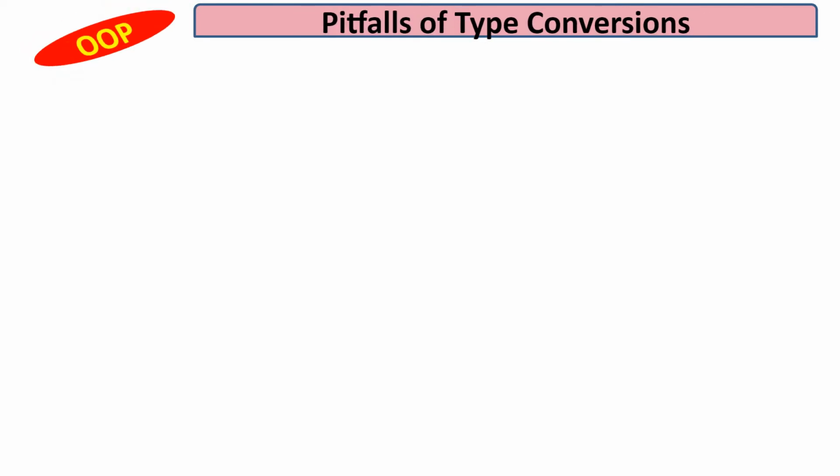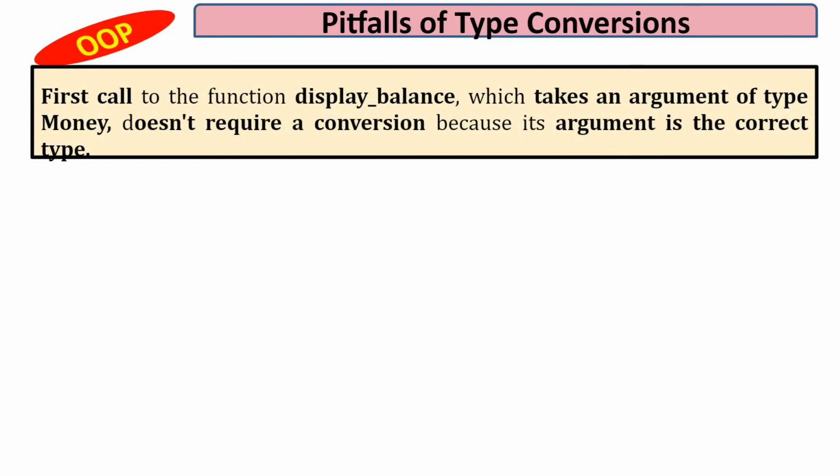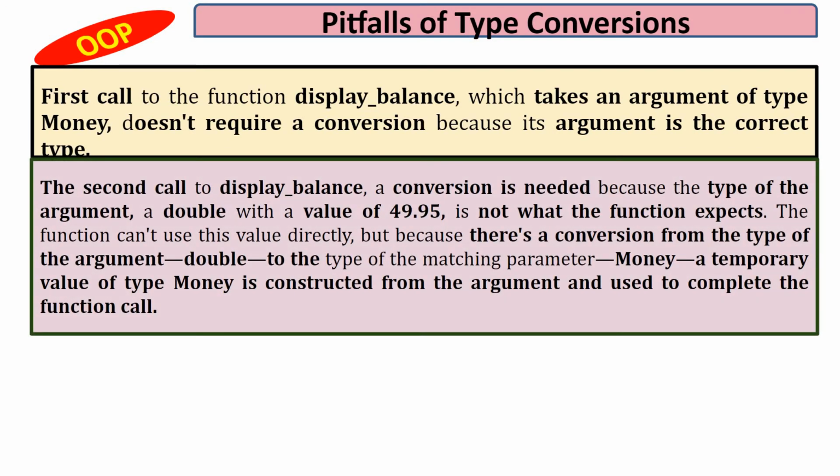Why? The first call to display balance, which takes an argument, does not require conversion because its argument is correctly identified. The second call needs conversion because the type of argument, that is the double value 49.95, is not what the function is expecting.